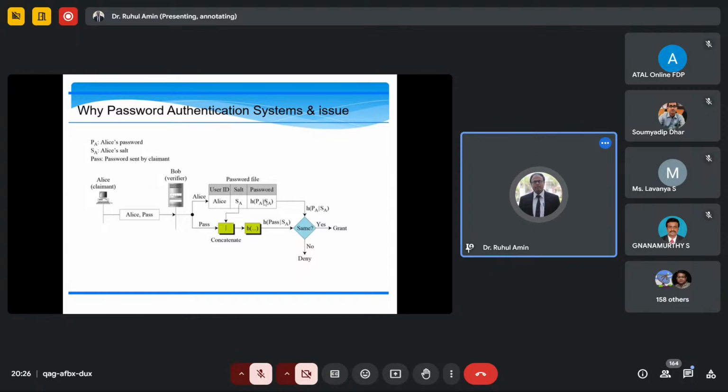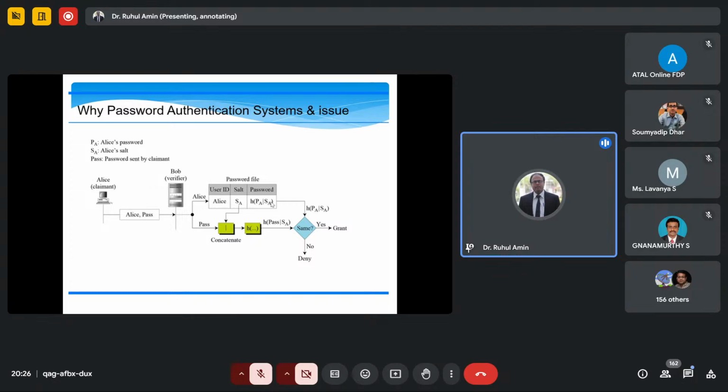But here you see the salting technique we are using. We can call this a high level of security, because if the attacker wants to guess it, try to understand, the attacker should guess the PA value as well as the SA value together.